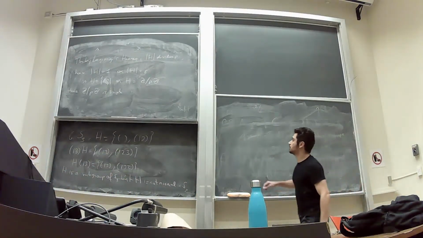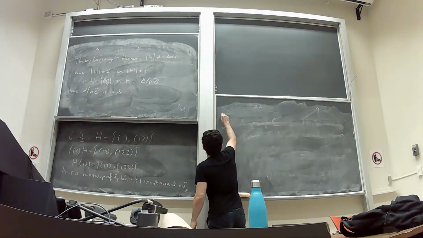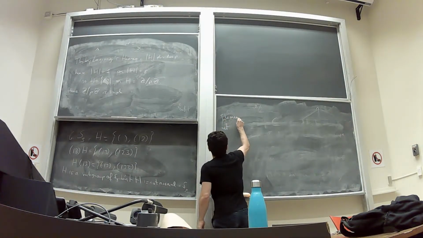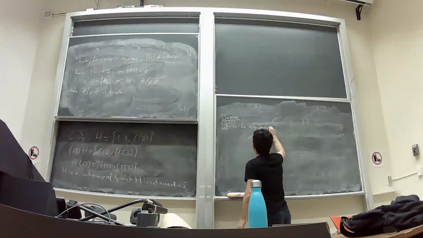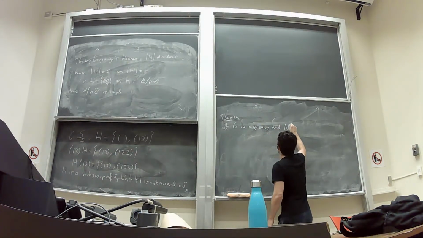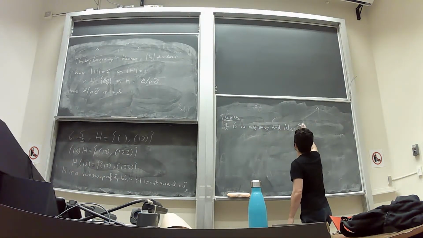So let G be a group and N a normal subgroup.